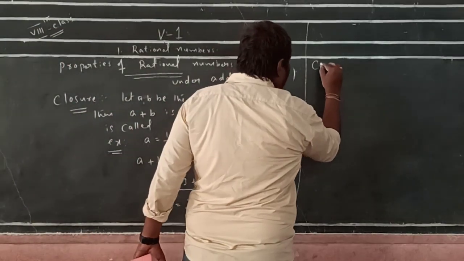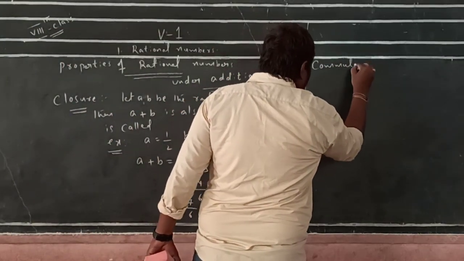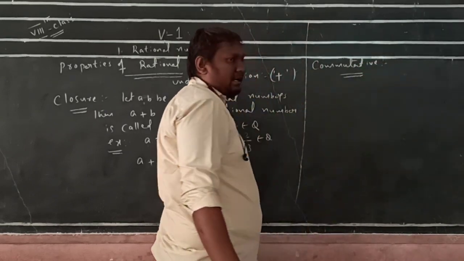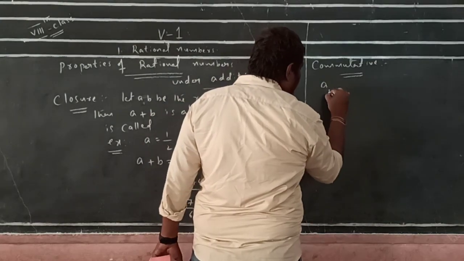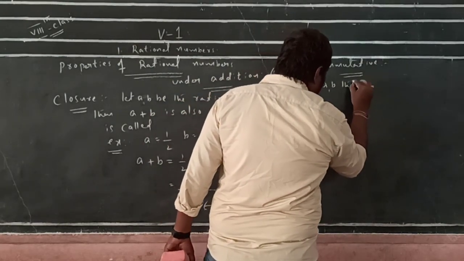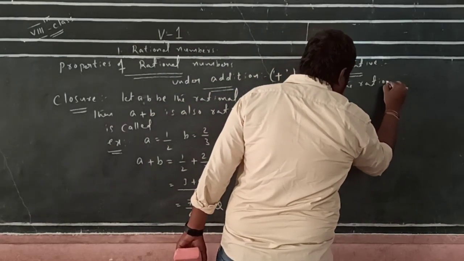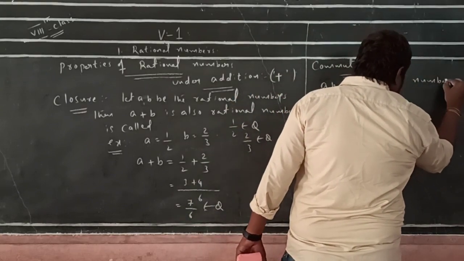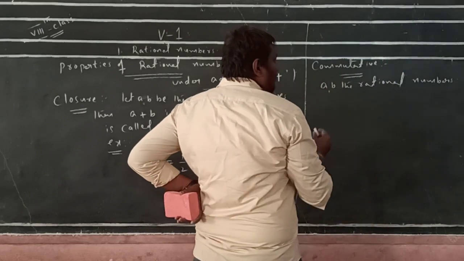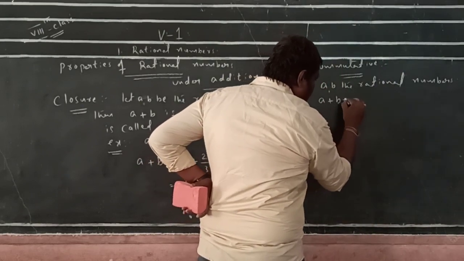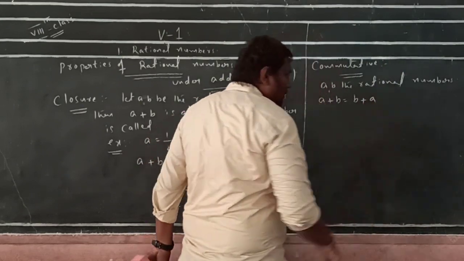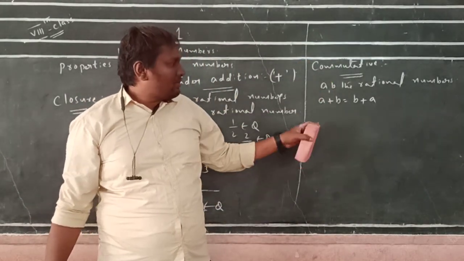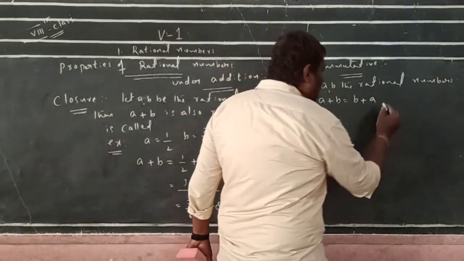Then commutative property. Let A and B be rational numbers, A plus B is equal to B plus A. This is the condition of commutative. A and B are rational numbers, A plus B equals B plus A.